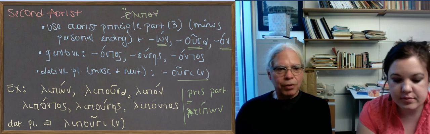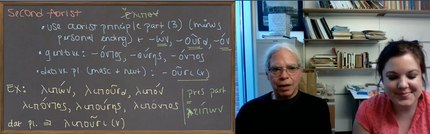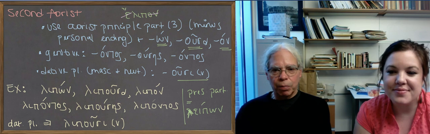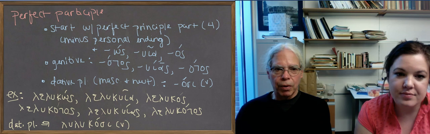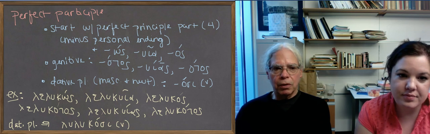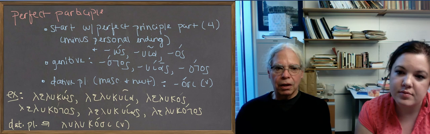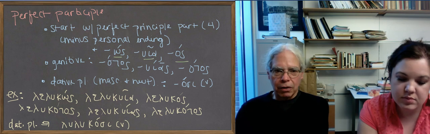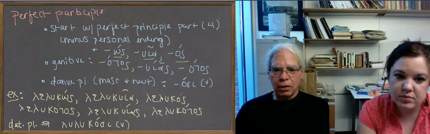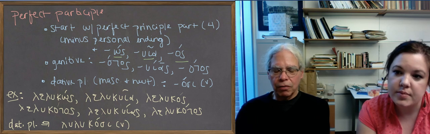All right, so let's look at perfect participles. We wind this up, okay? In perfect participles, similarly, you start with the perfect principal part, which is the fourth one, and you remove the personal ending. Okay, so from leluka, you get leluk. And then you add on this ending, os, uia, os. Again, that uia is a thalatta type first declension adjectival ending.